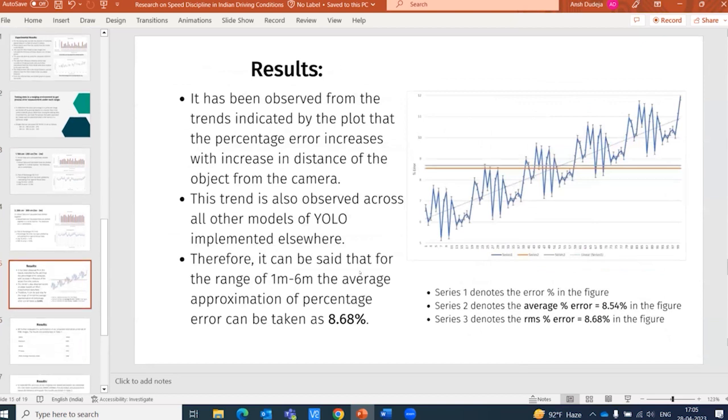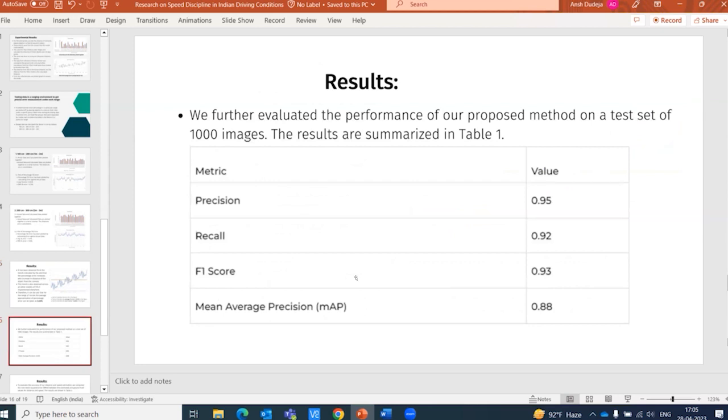A clustered graph for the range of 1 to 6 meter has also been plotted, and the average percentage error in this range is 8.68%. We had also tested 1,000 images for object classification.